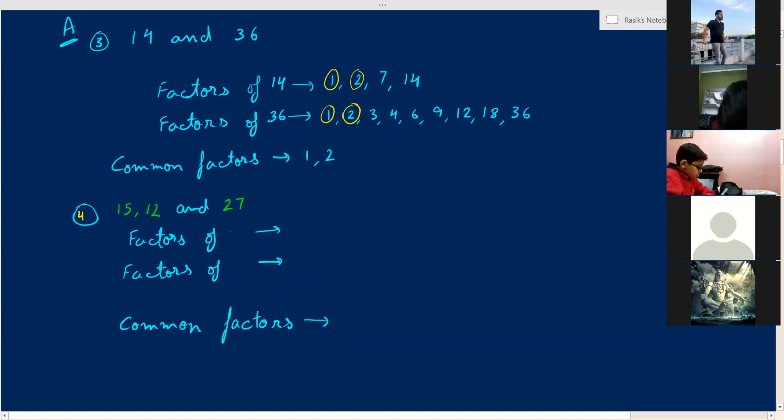First of all, factors of 15: all the factors are 1, 3, 5, 15. Any other factors? No. Factors of 12: 1, 2, 3, 4, 6, 12.